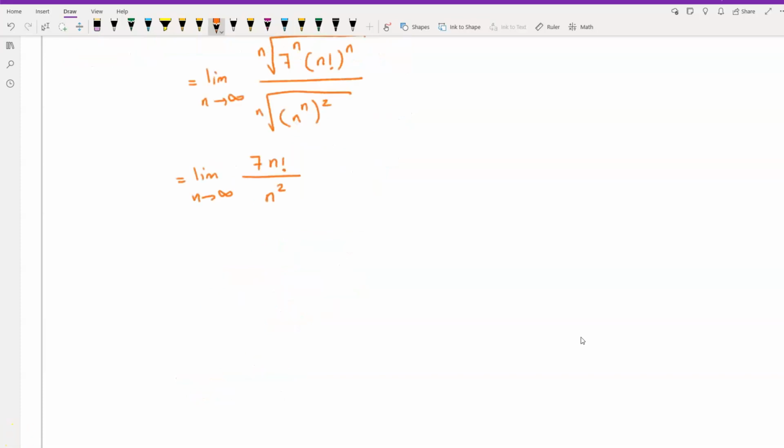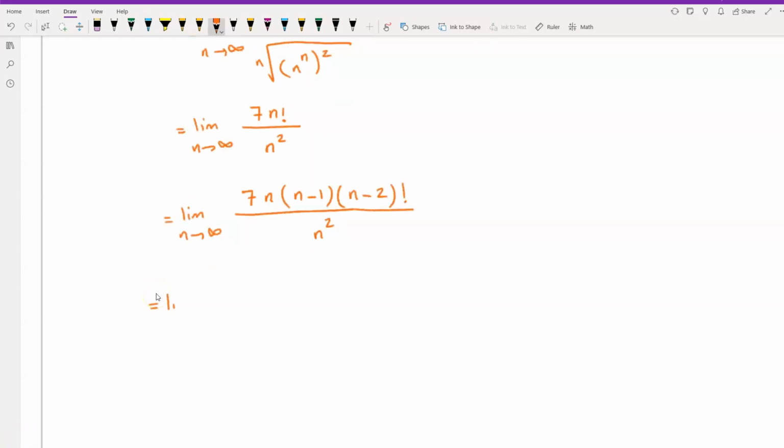Now find the limit of 7 times n factorial over n squared as n approaches infinity. I'm going to rewrite this part as a product of polynomials. Instead of n factorial, I'm going to write n times n minus 1 times n minus 2 factorial, divided by what we have in the denominator, n squared.